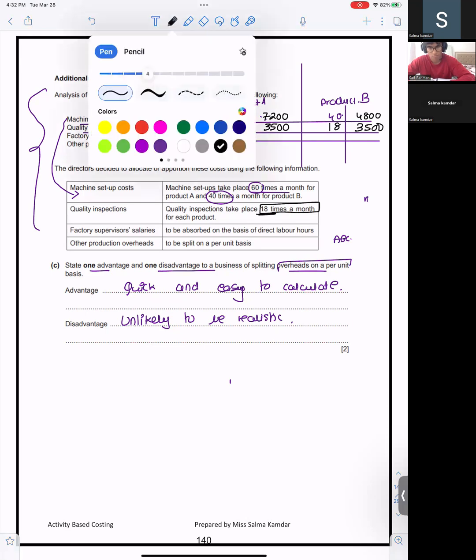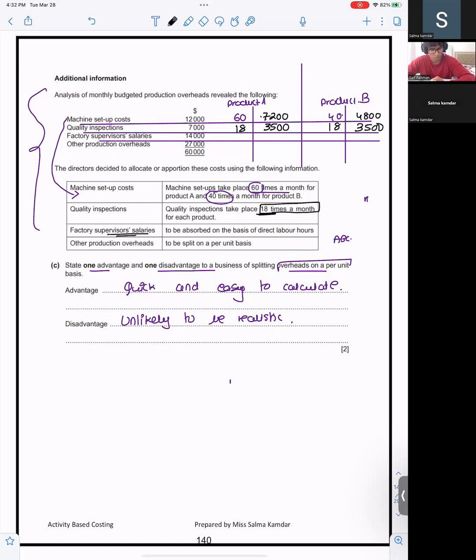What is the cost driver for factory supervisor salary? 14,000 is to be absorbed on the basis of direct labor hours.